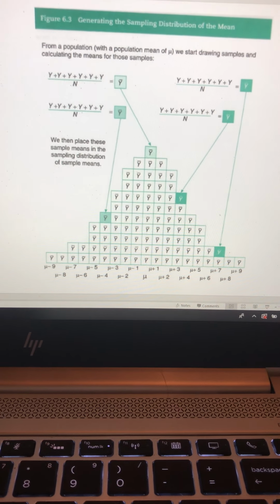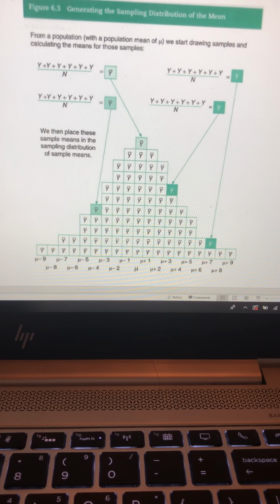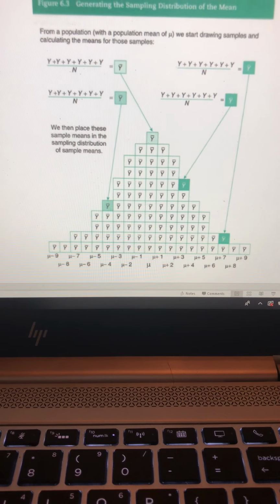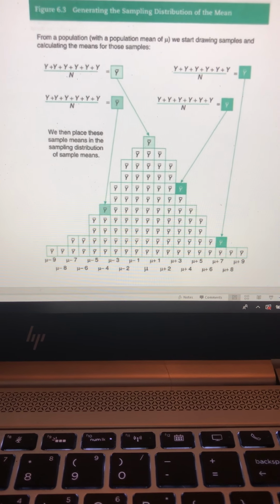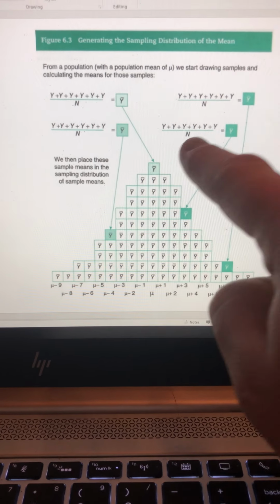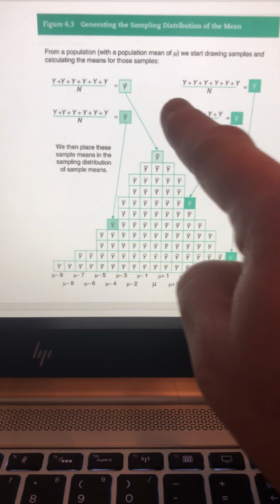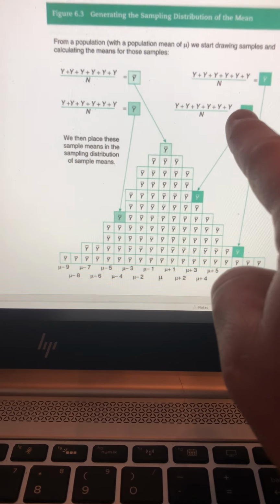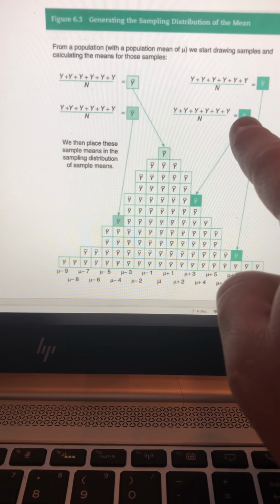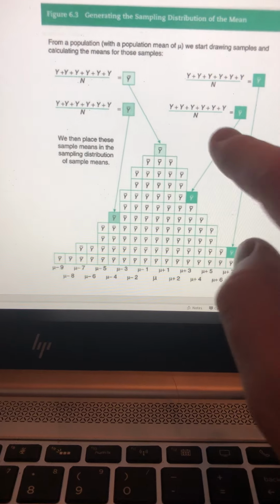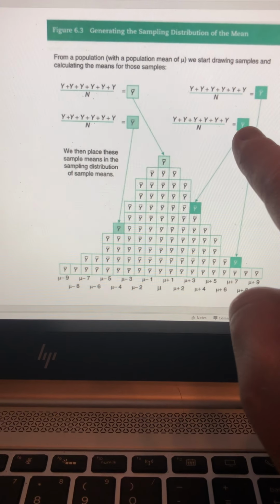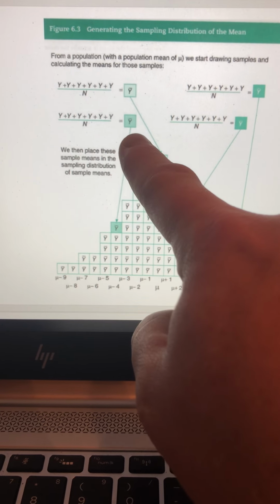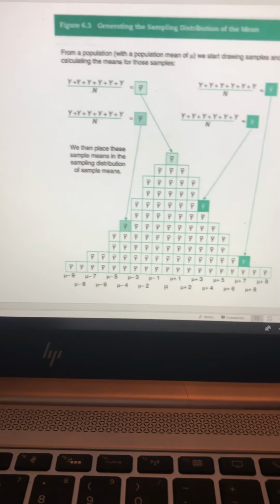So we plot the sample mean, and as we continue to take more and more samples of size n, here we are adding up all the raw scores, getting our x bar. Your book likes to call it y bar, but let's be consistent. X bar is the sample mean. Here's another sample mean, another sample mean, another sample mean, over and over and over again.